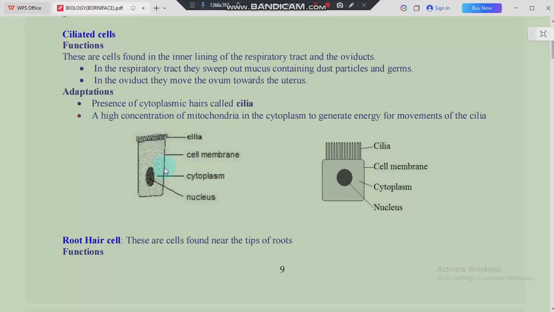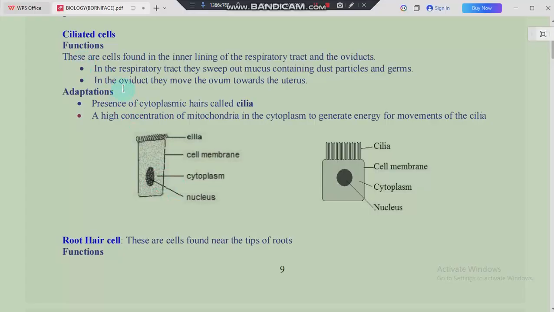And then we are also able to appreciate this structure, which is our cell membrane. We are also able to appreciate our cytoplasm, and we know inside our cytoplasm we have our mitochondria, which helps to provide energy for the movement of the cilia. And then we also have the nucleus, which is responsible for controlling all the cell activities.